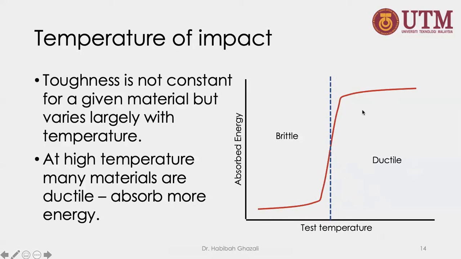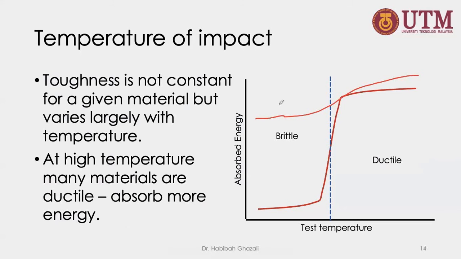Another thing, we want to design material that doesn't show this at all. Or if there is a change in the absorbed energy behavior at low temperature, maybe it just reduces a bit only. Okay, for example, maybe we can design something that reduces a bit only.